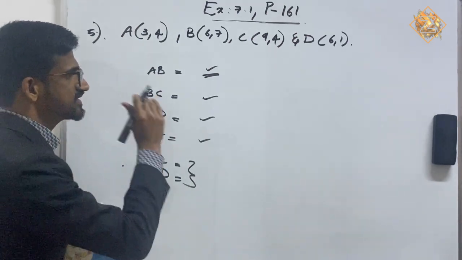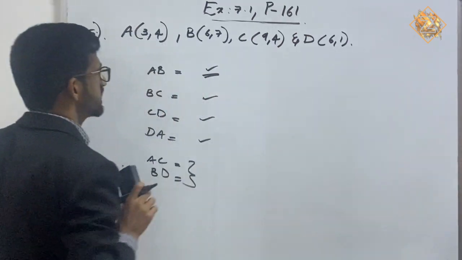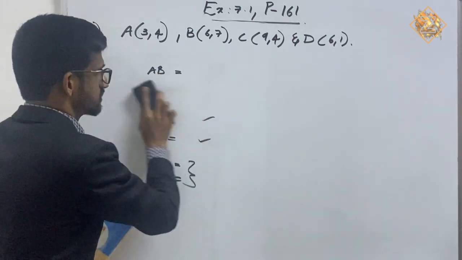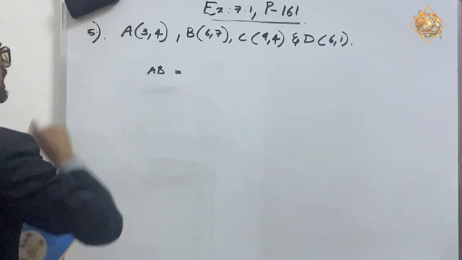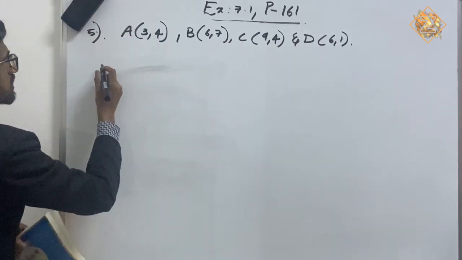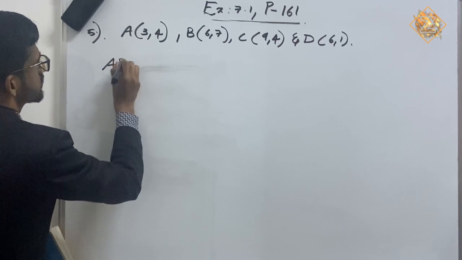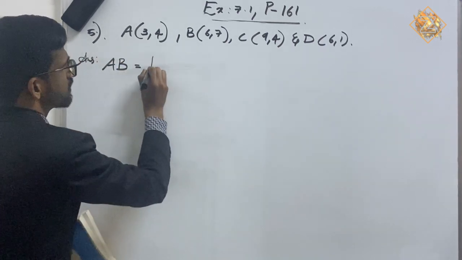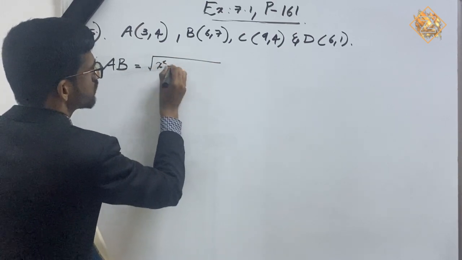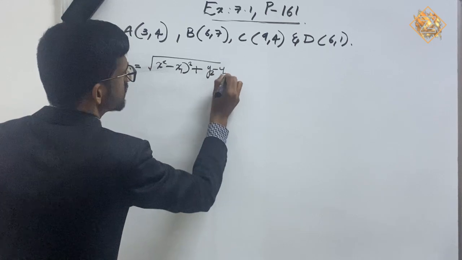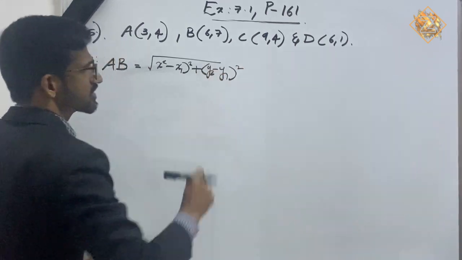Okay students, so first we will find the length of each side. So AB. To get the length of AB, using distance formula we have root of (x2 minus x1) whole square plus (y2 minus y1) whole square, isn't it?